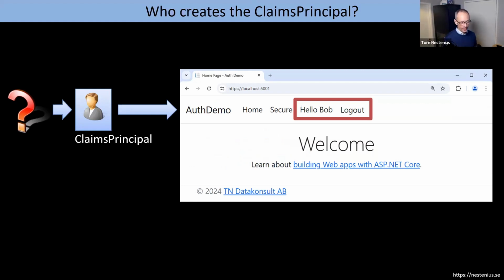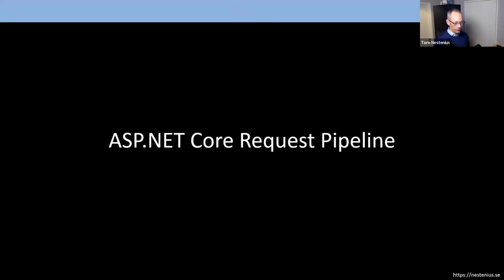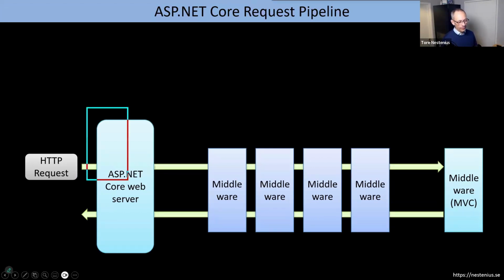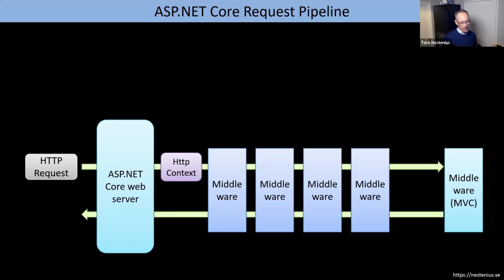To understand that, we need to look under the hood of ASP.NET Core. Under the hood, we have a request pipeline. That means that when a request comes into the application, Kestrel, our web server, will take the incoming HTTP request, inspect it, and then create a corresponding HttpContext object.